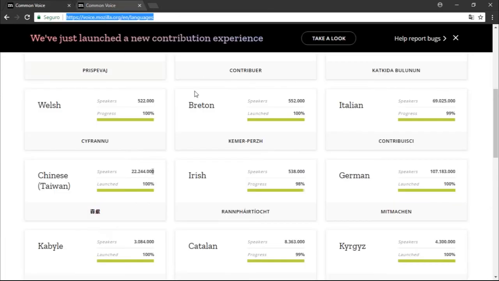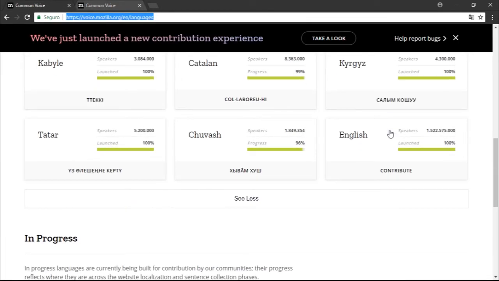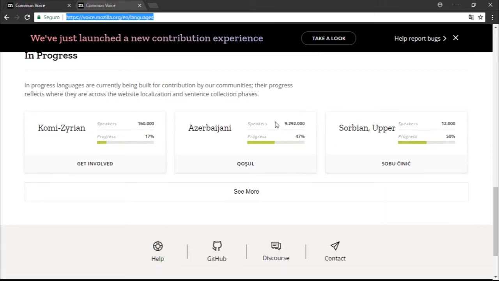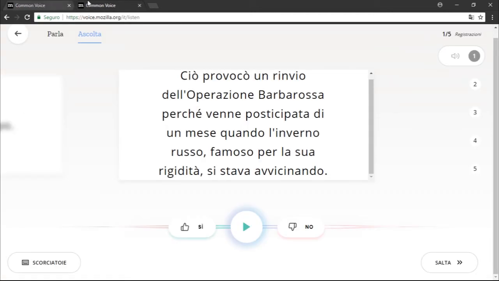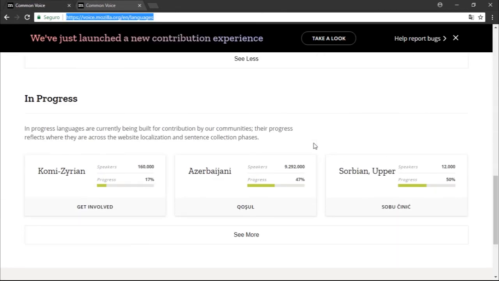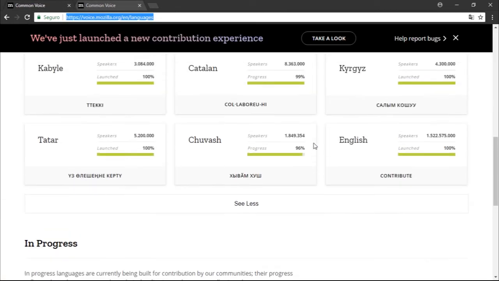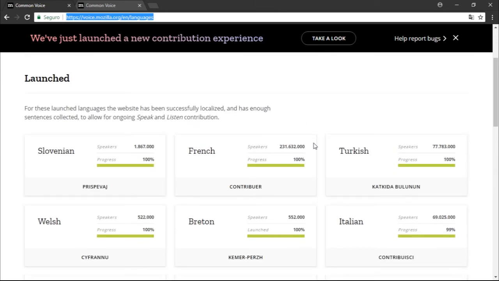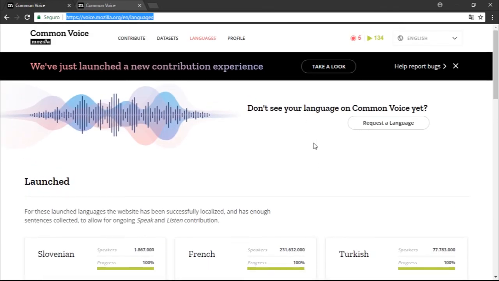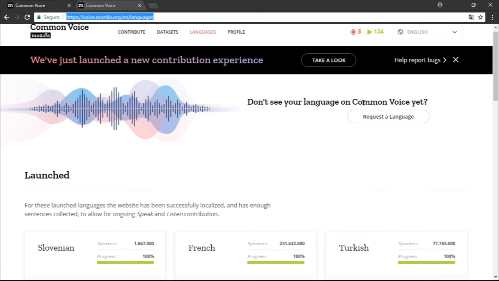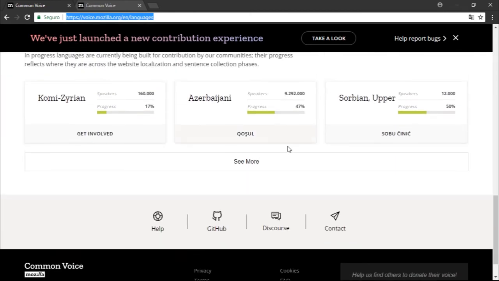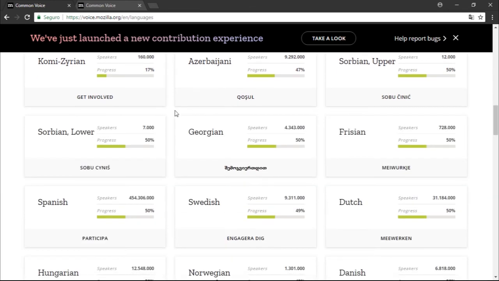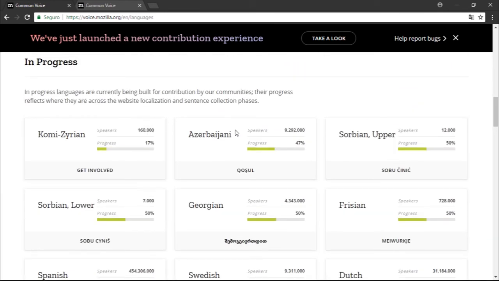So let's see, other languages are almost there. Where is Portuguese? Okay, so request a language. It's quite strange because see more. Yeah, see more, right? So these are the languages that are in progress.